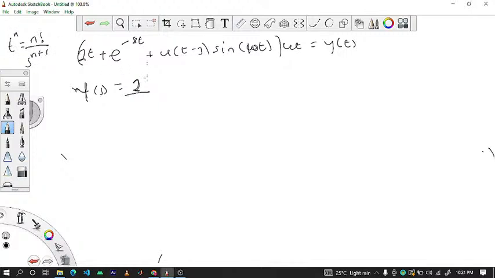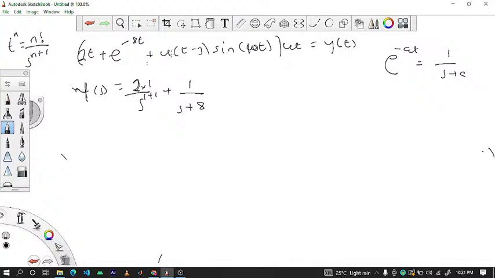Now t is 1, so you just get 1 over s to the power 1 plus 1. Plus for exponentials, you have 1 over s plus a. So this will give you 1 over s plus 8.